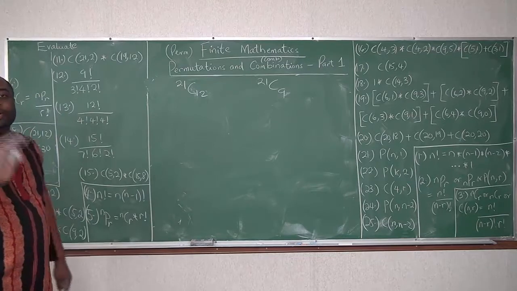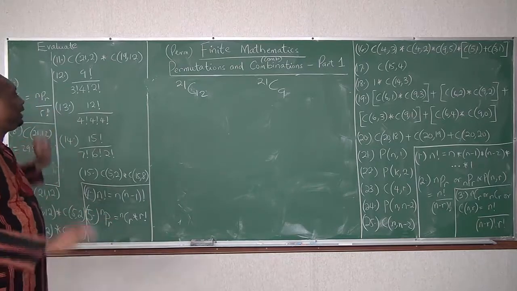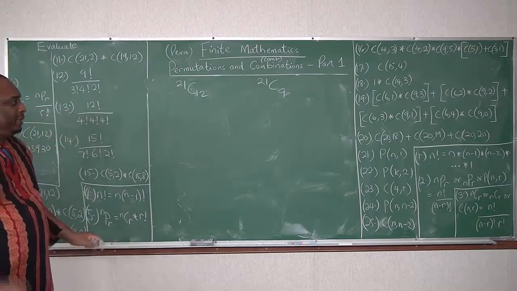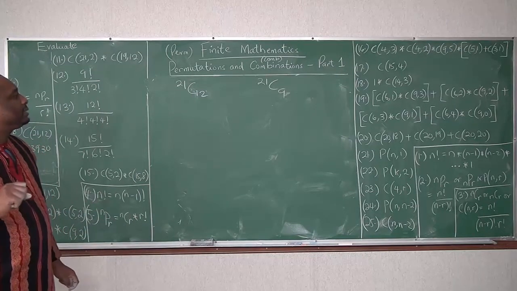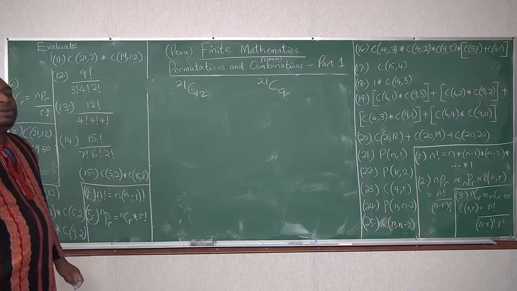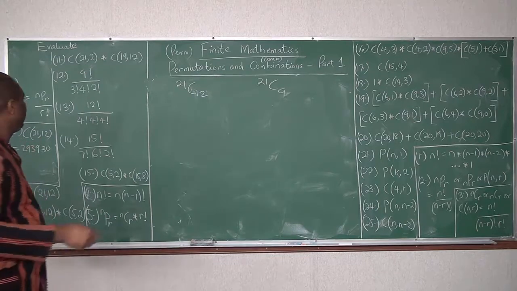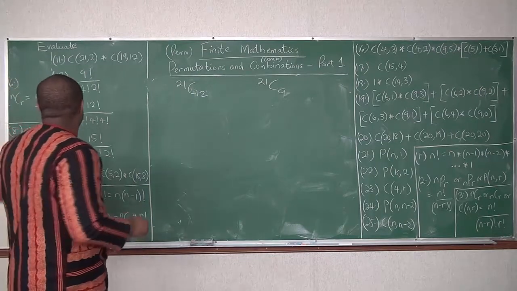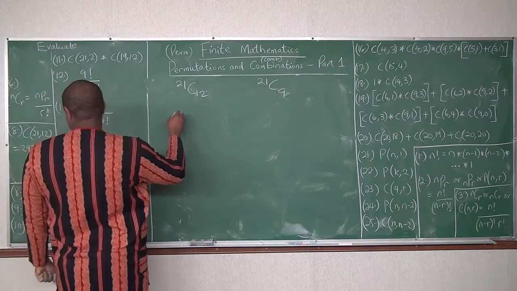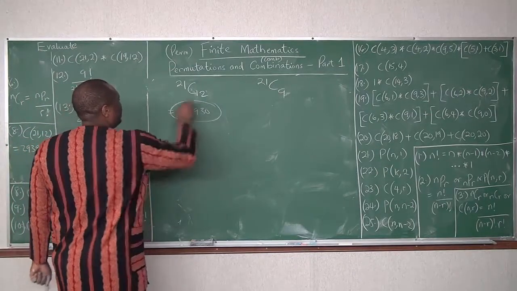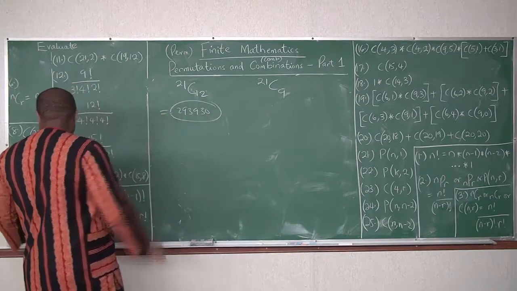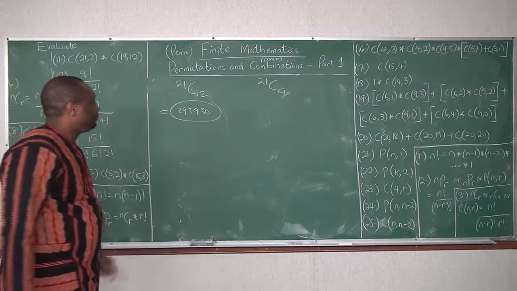This is different from 21 choose 2 times 19 choose 12, but I want to give you another formula that I just thought about. We have done 21 choose 12, and that gives us 293,930. But that is different from questions 10 and 11.